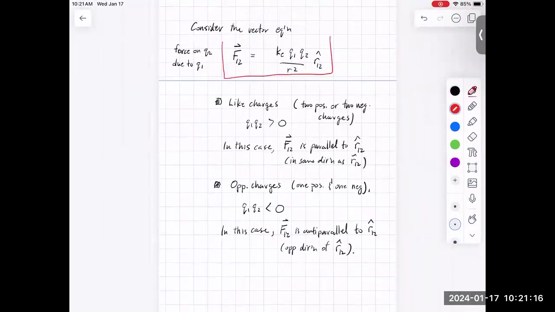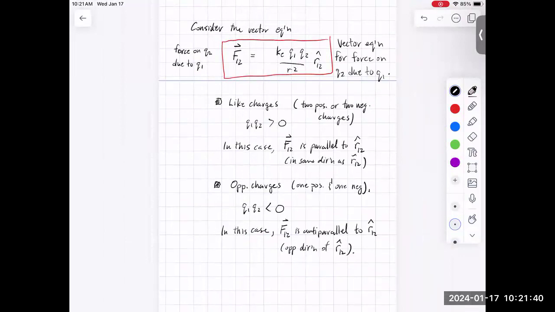And so this works. This is the vector equation for the force on Q2 due to Q1. And it has all of the same magnitude information plus now the direction.